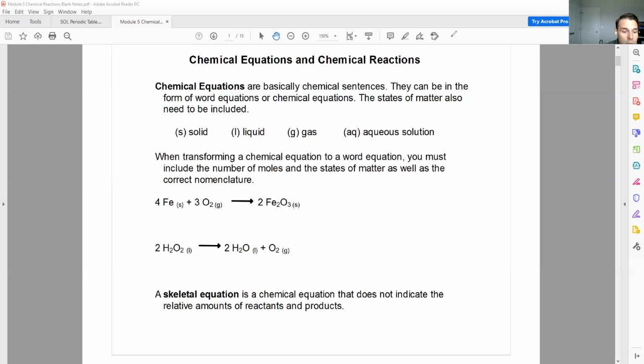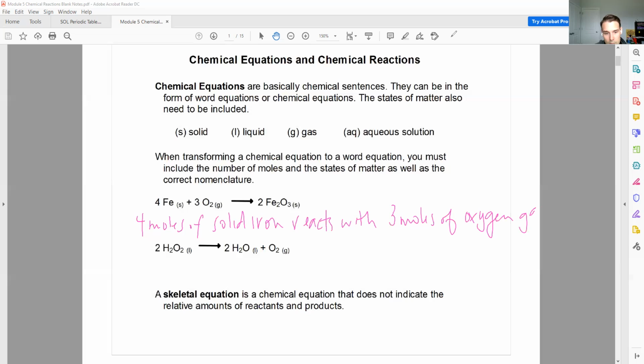So for this first one, we have 4 moles of solid iron. And the plus sign means those things are, what are they doing? They're reacting. So reacts with 3 moles of, you can say gaseous oxygen if you're fancy, or you can just say 3 moles of oxygen gas. And then an arrow we know is producing.